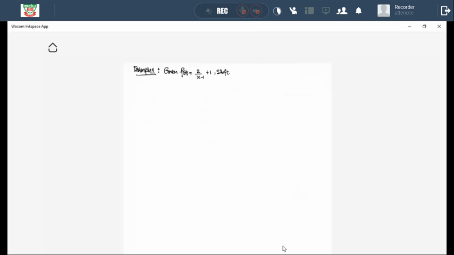Shift f of x 3 units upwards and write the resultant function as g of x. Okay, now look at this.